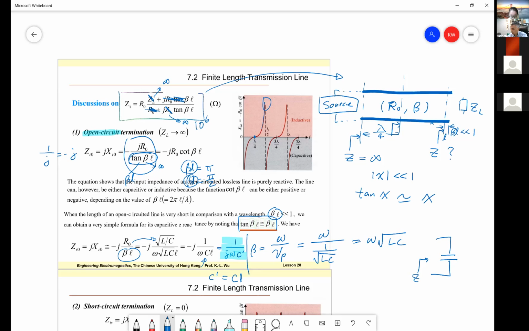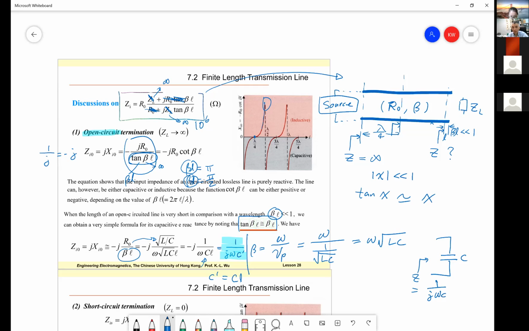The impedance equals 1 over j omega C. So what that means is, if we have an open circuit transmission line that is very, very short, it is equivalent to a capacitance. This is a very popular way to realize a capacitance in RF, radio frequency, circuit design.